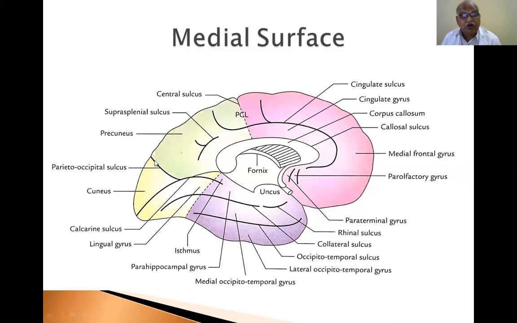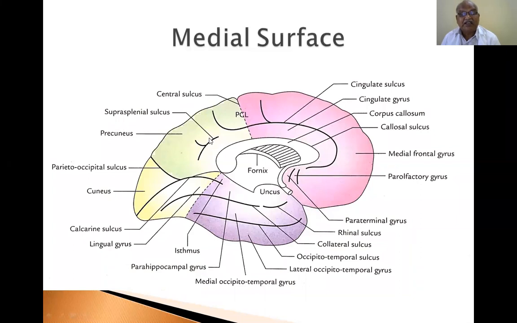In between these two, the parieto-occipital sulcus is there. It is more prominent on the medial side than on the lateral side. This is the calcarine sulcus extending backwards. In between the parieto-occipital sulcus and the calcarine sulcus is the cuneus. The area in front of the parieto-occipital sulcus is the precuneus.